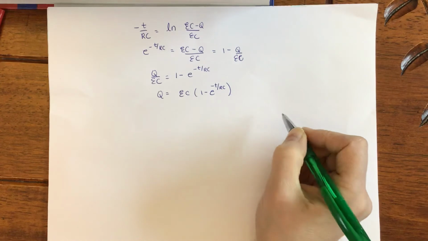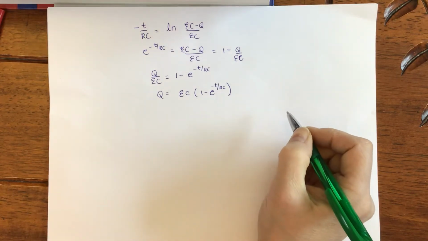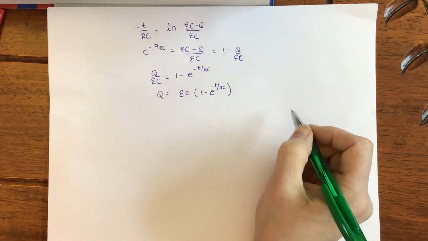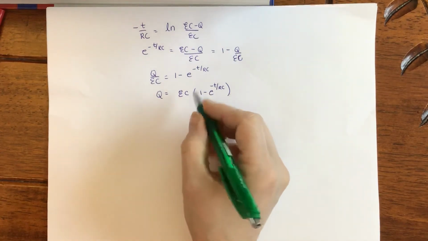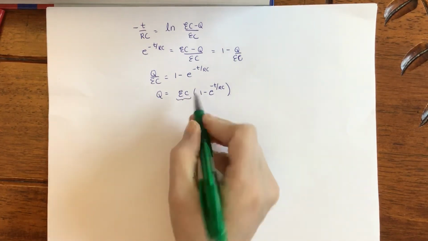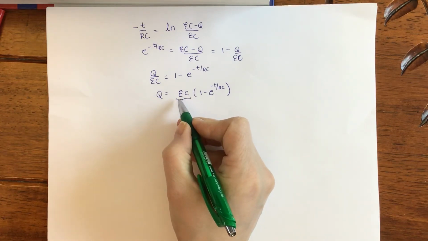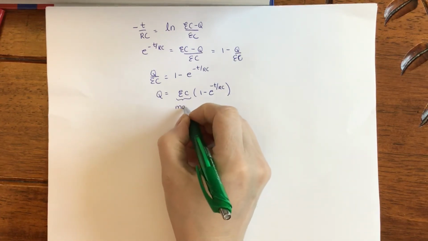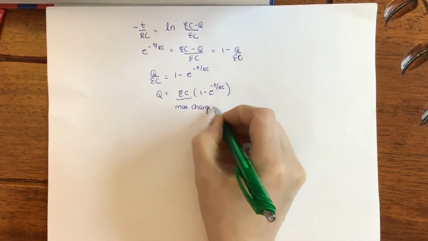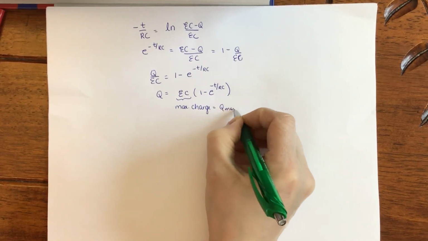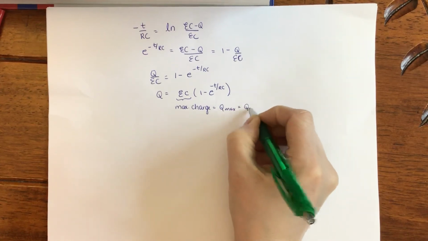Okay, now let's have a look at what we have and see, are we close to our final answer. Potential times capacitance, that's charge. And we would get the maximum charge when we had the maximum potential. So this is maximum charge, which we can call Q maximum, or keeping with the notation from class, we can call that Q0.